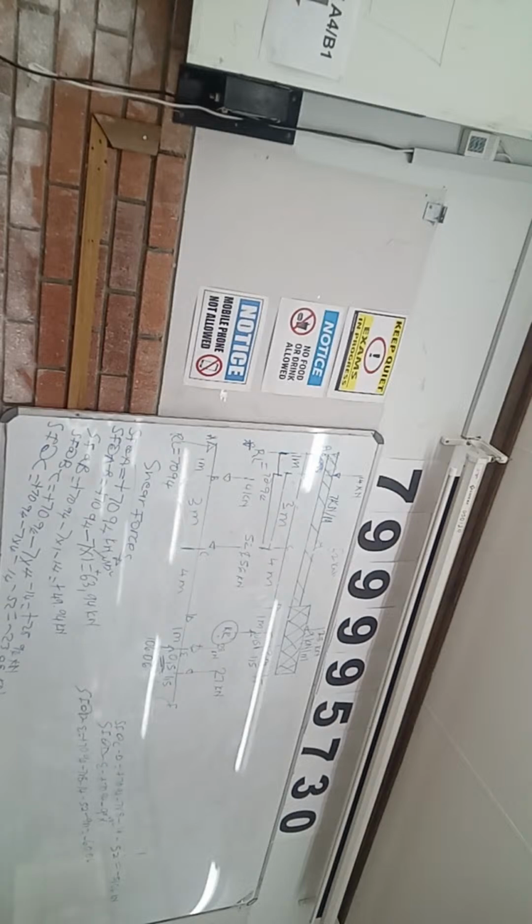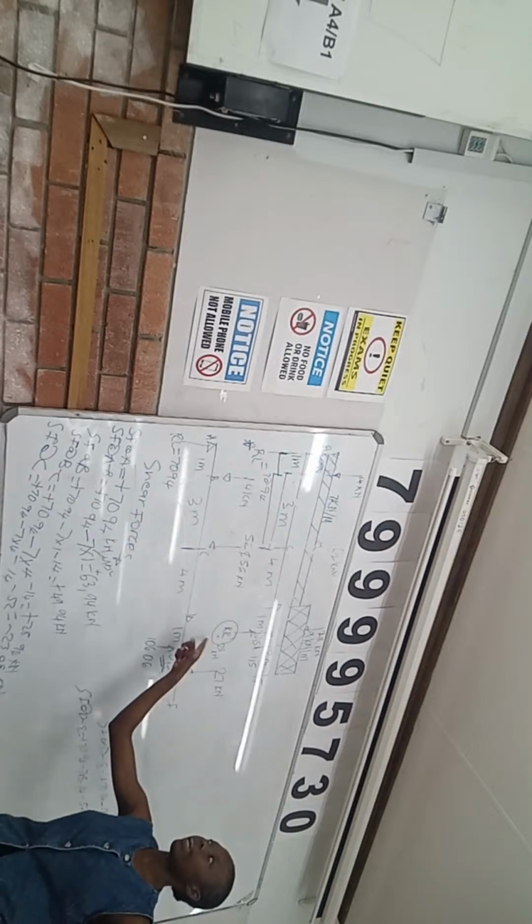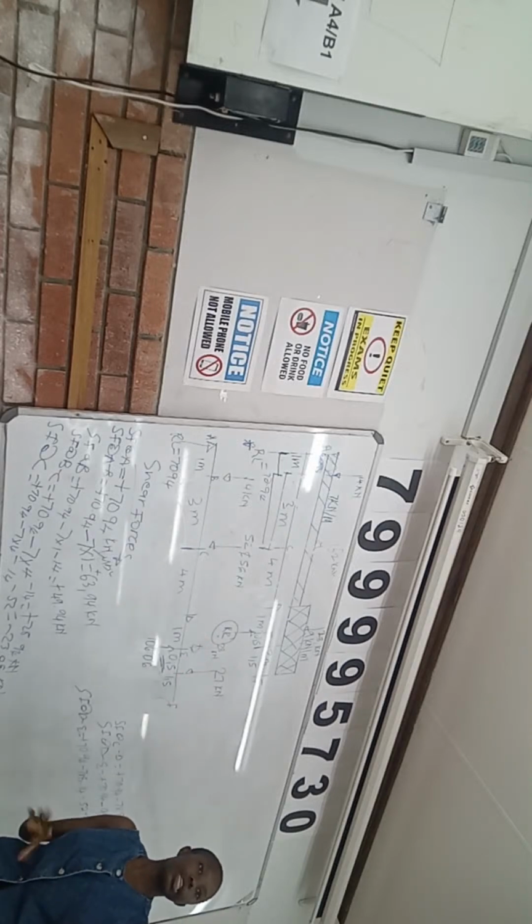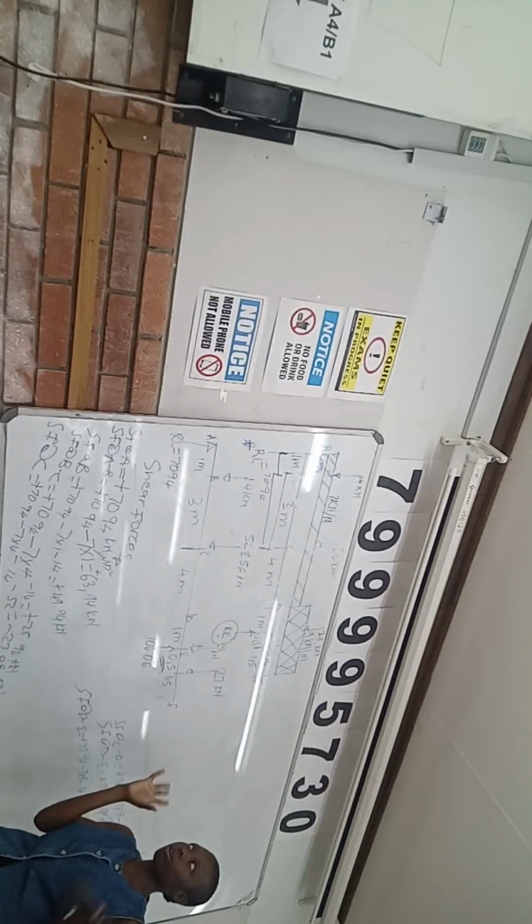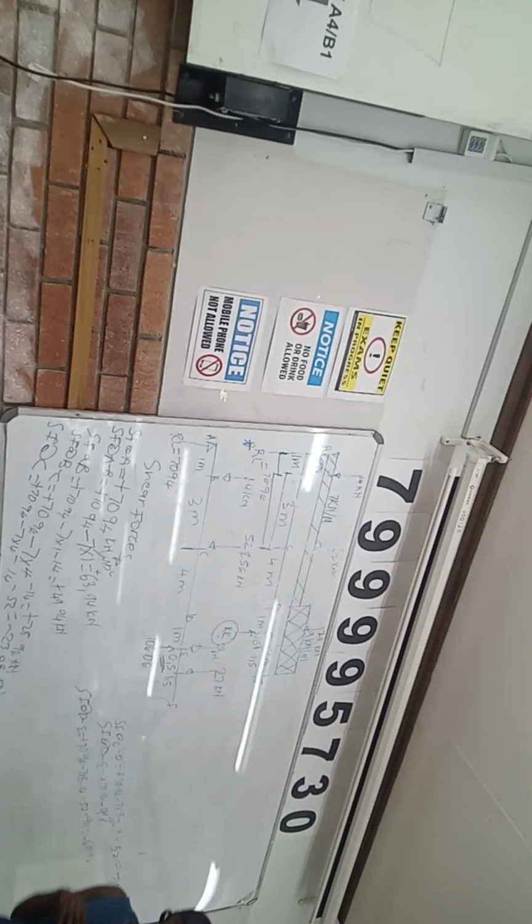Oh, it's because I did our UDL starts at D. Yes, so that's why it's going to be 70.945. It's incorrect because you skipped all those answers there.